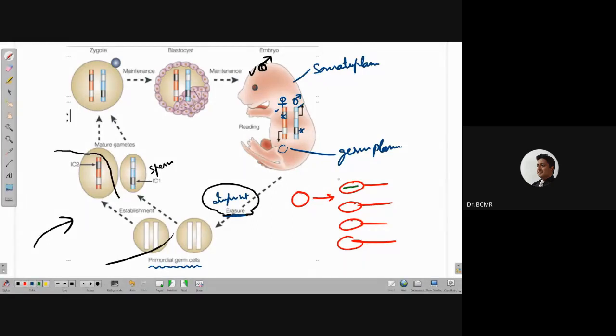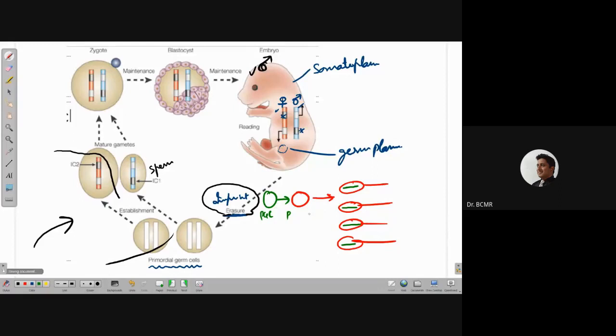They are all N, that is haploid. So they will only have one set of the genome. Now, if you think of these genes, should there be any methylation or should there not be any methylation? This is assumed that the primordial germ cell is here, and that gave rise to spermatogonia, which will eventually give rise to sperms.